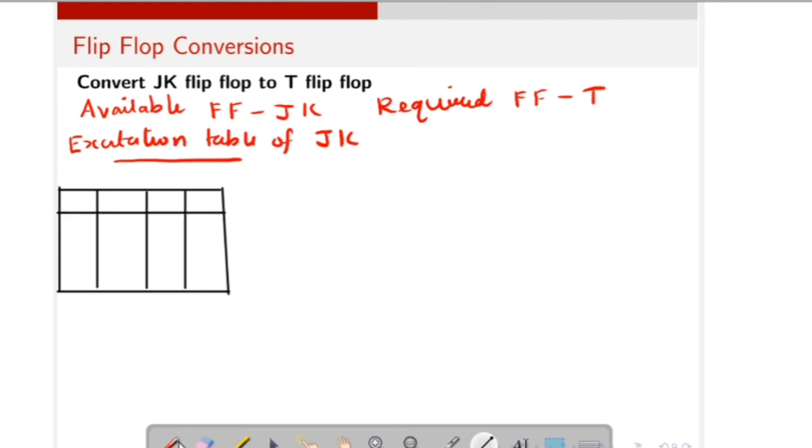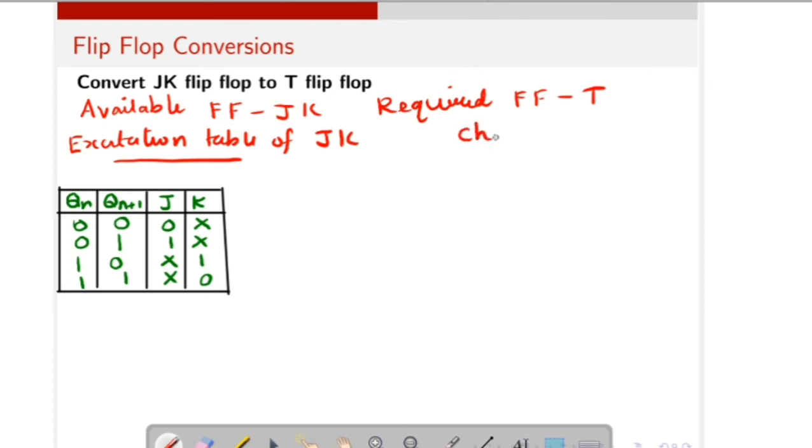So Qn is equal to 0 and Qn plus 1 is equal to 0, then J K is 0 don't care; then 0 1, then 1 don't care; then 1 0, then don't care 1; then 1 1, then don't care 0. So this is the excitation table of the JK flip-flop, right?